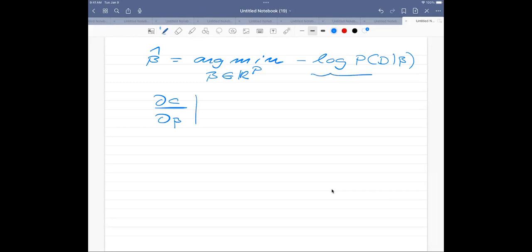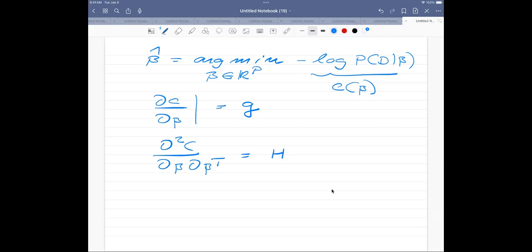So this is our cost function, C of beta. We calculated these quantities and we labeled them just as a G for our gradient. And then we have the Hessian matrix, which is the second derivative. So right now, I'm not going to write down the specific expression for the matrices. I'm just introducing the symbol here.